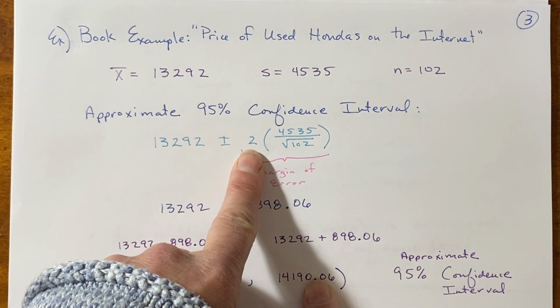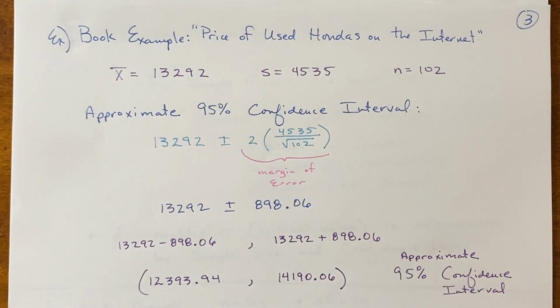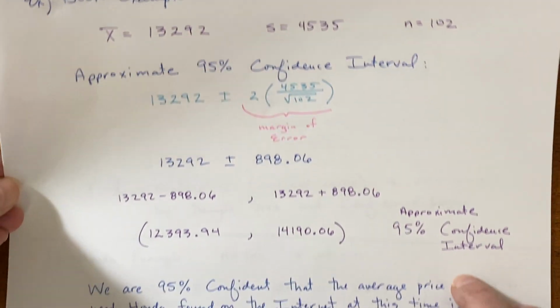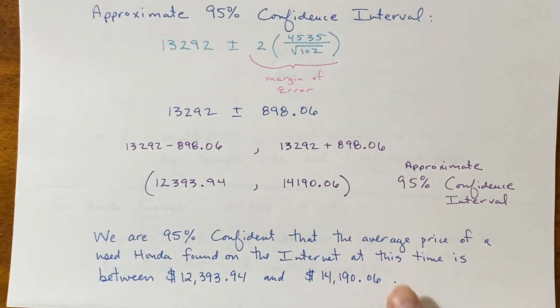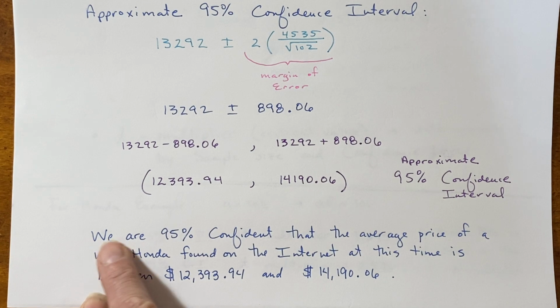If we want to get more precise, that is when we're going to need to look up t-values, and we'll do that next. So for now, we would interpret this confidence interval like so.